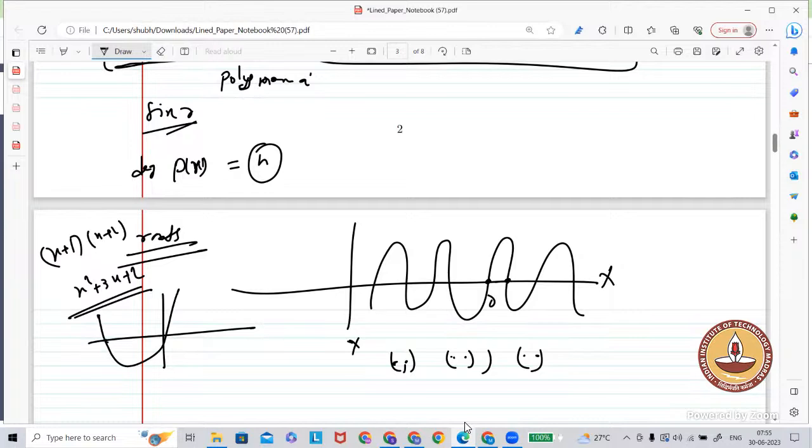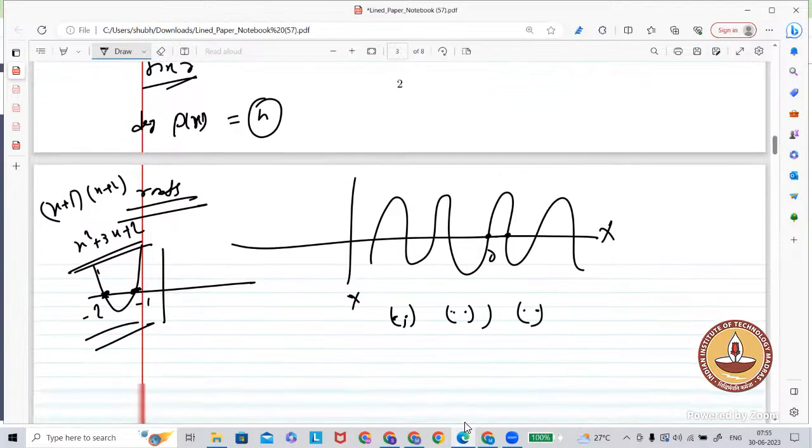So the graph will be like this. This is -1, this is -2. So these are the roots, where the quadratic value at -2 and -1 is 0. The same thing.